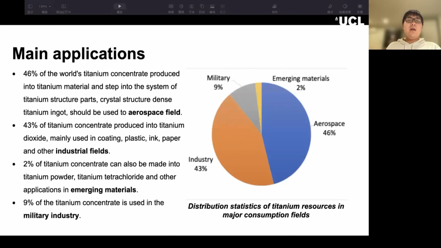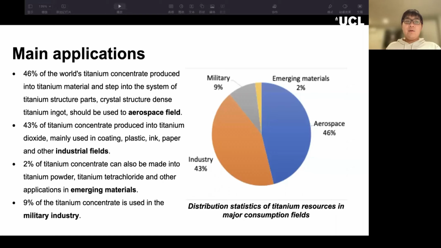In the main applications part, from the pie chart shown on the right, 46% of the world's titanium concentrate is used in the aerospace field. 43% of titanium concentrate is used in the industrial fields.